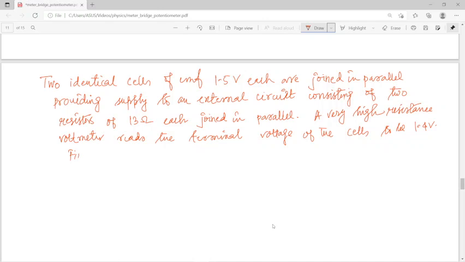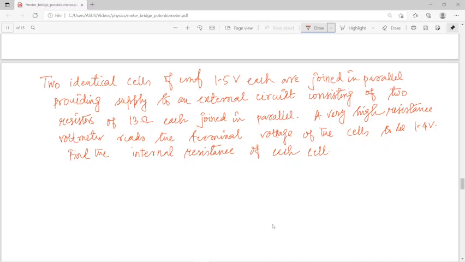Find the internal resistance of each cell.